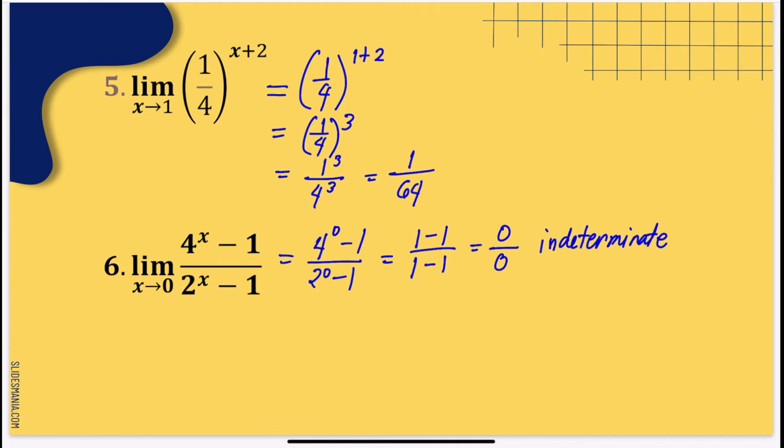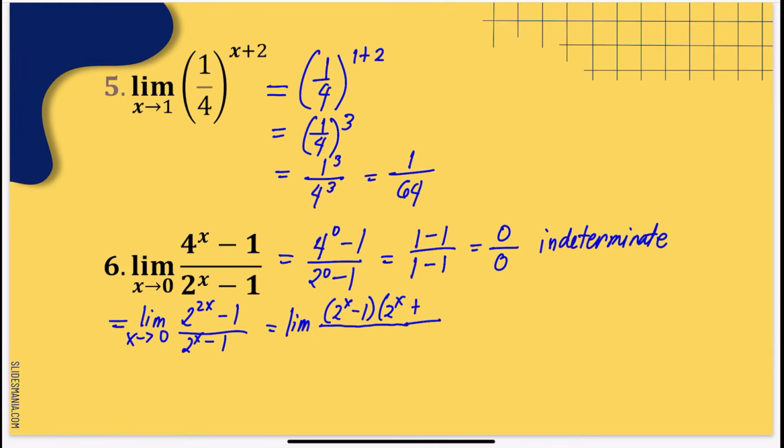To solve this, we are going to factor the numerator and simplify before substitution. So the limit of 4 raised to x will become 2 raised to 2x minus 1 over 2 raised to x minus 1, where x approaches 0. Factor the numerator. So the limit of the quantity 2 raised to x minus 1 times 2 raised to x plus 1 over 2 raised to x minus 1, where x approaches 0.